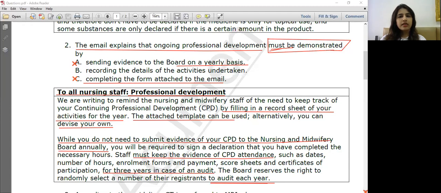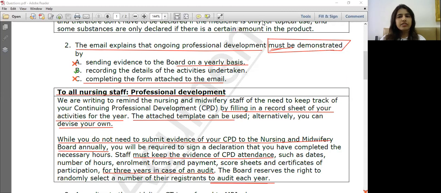Yes, because it says that they should record the details. They must fill in a record sheet of their activities for that particular year, and they will also need to preserve the evidence. So see, this option does not actually summarize the whole paragraph, right? It is reading for a specific detail.